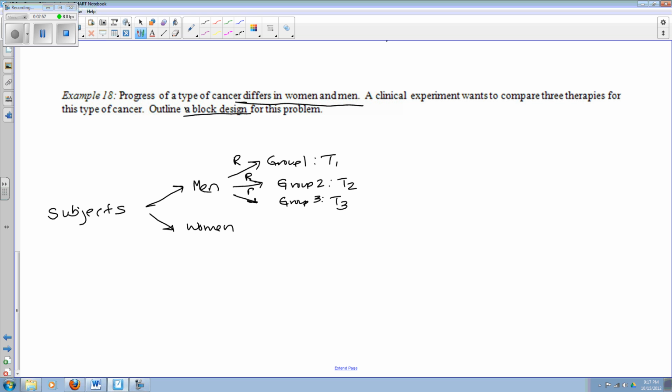We have a couple different ways that we can do randomization. You can stick all their names in a hat, and the first however many people need to go in group 1, you pull out 10 people's names and they go to group 1, pull out another 10 people's names and they go to group 2. The last 10 names just go to group 3.